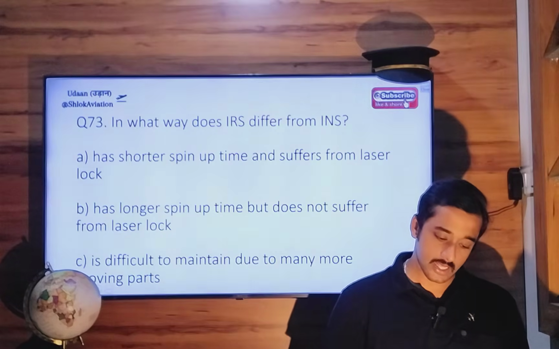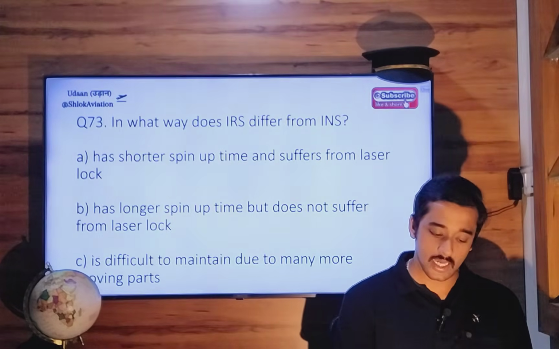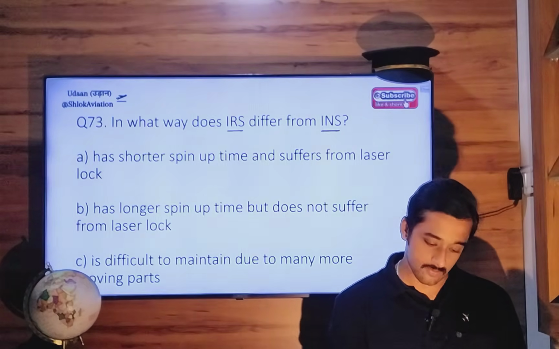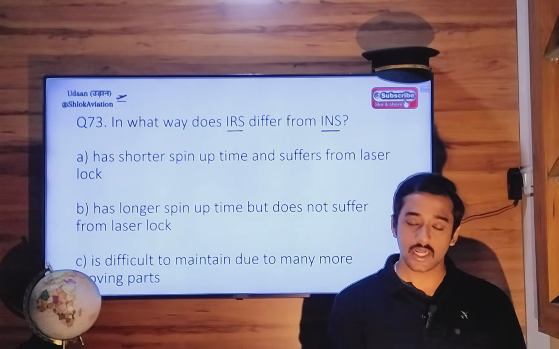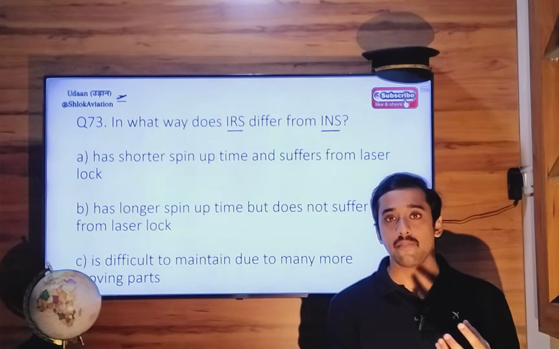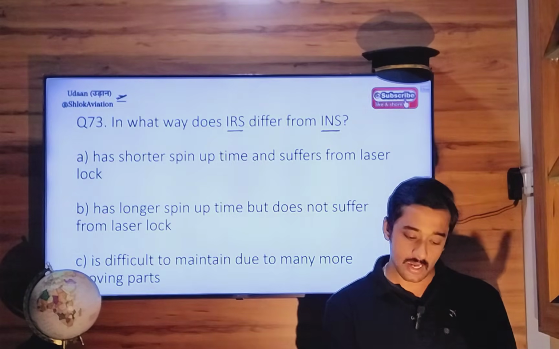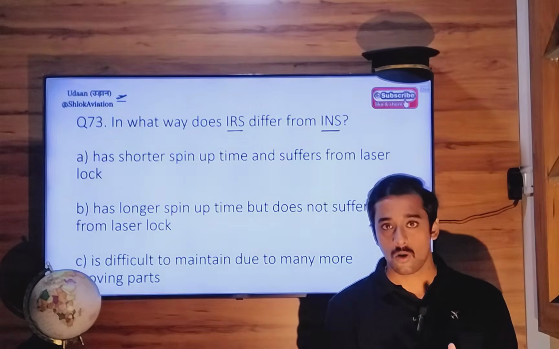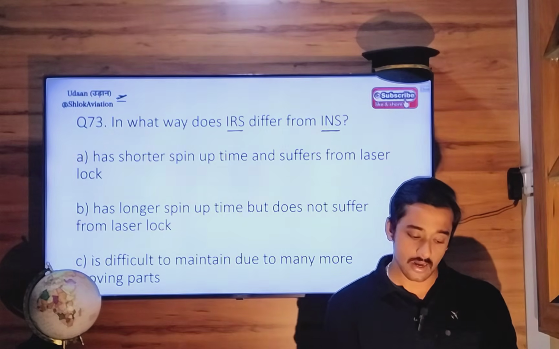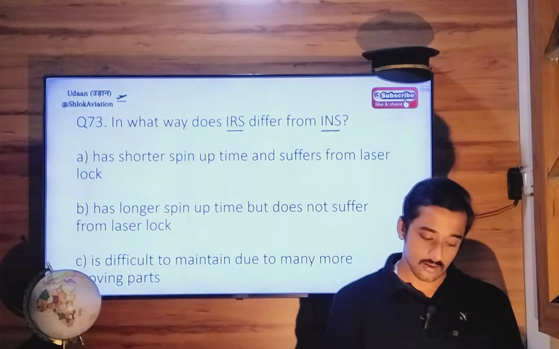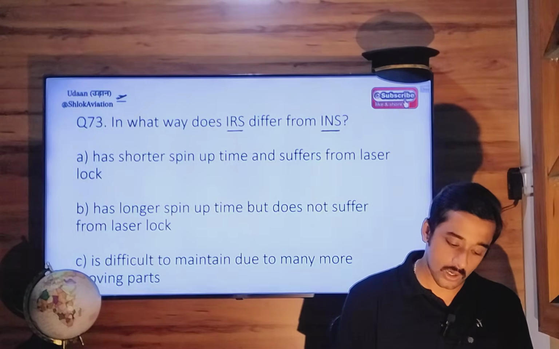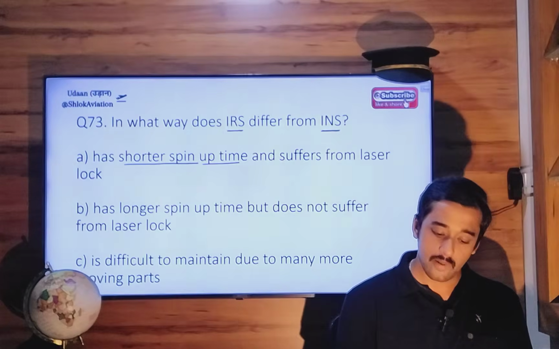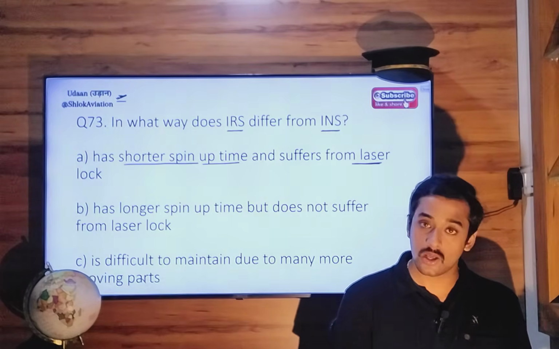Next, question 73. In what way does IRS, Inertial Reference System, differ from Inertial Navigation System? So the correct answer here is that the inertial reference system does not use any mechanical motor or mechanical object to spin itself. All it uses is a ring laser gyro. So it has an advantage of shorter spin up time compared to the inertial navigation system, but it suffers from laser lock.